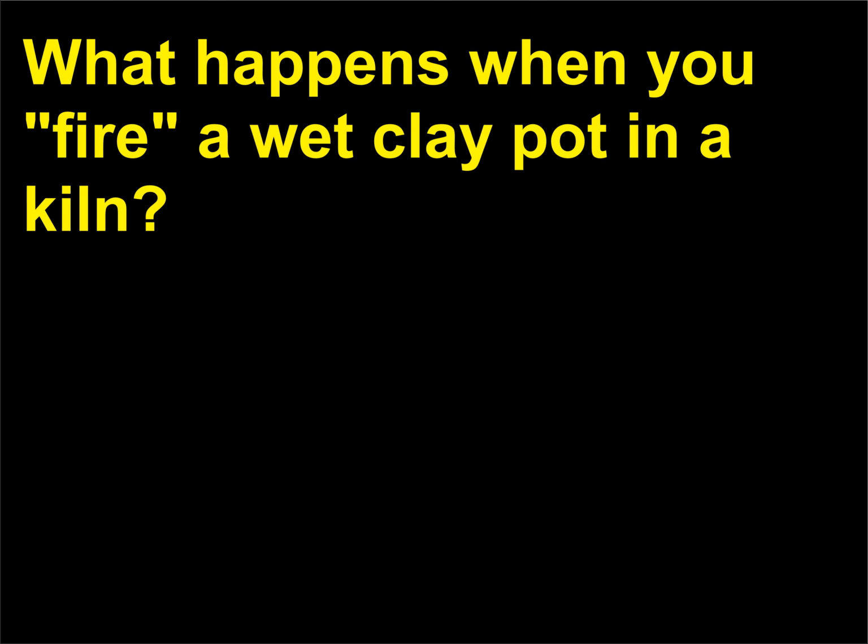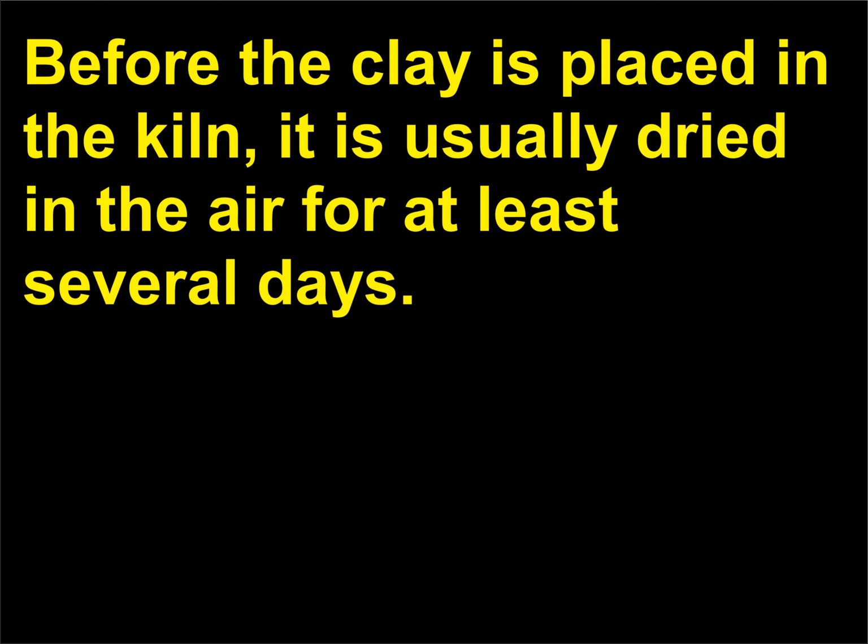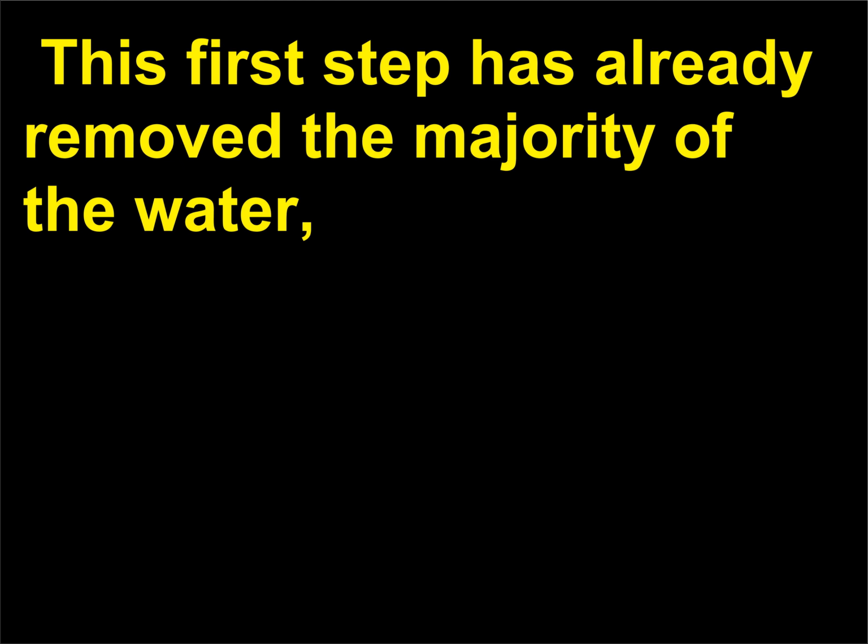What happens when you fire a wet clay pot in a kiln? Before the clay is placed in the kiln, it is usually dried in the air for at least several days. This first step has already removed the majority of the water.